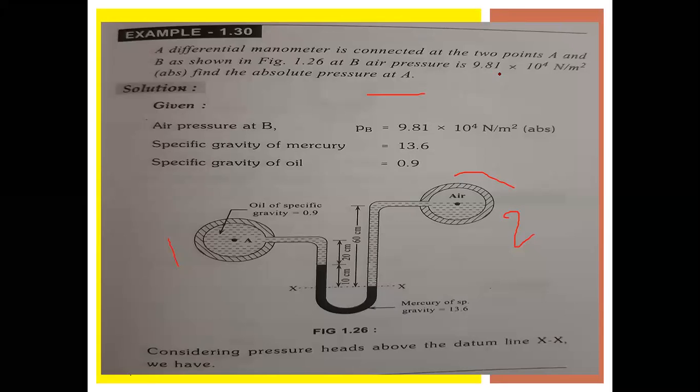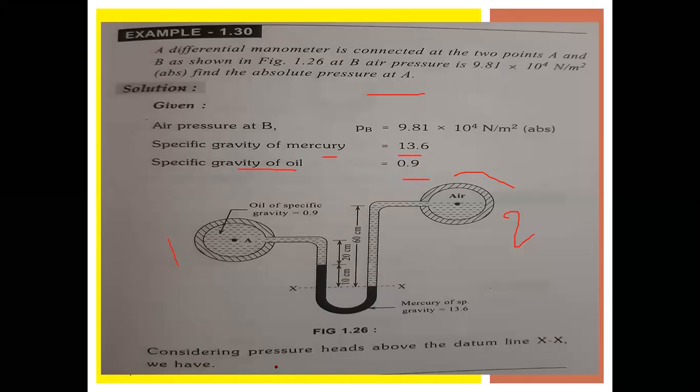The specific gravity of mercury is 13.6, as we already know. The specific gravity of oil is 0.9, which is mentioned in the problem. Then H1 is 20, H2 is 60, and H is equal to 10.